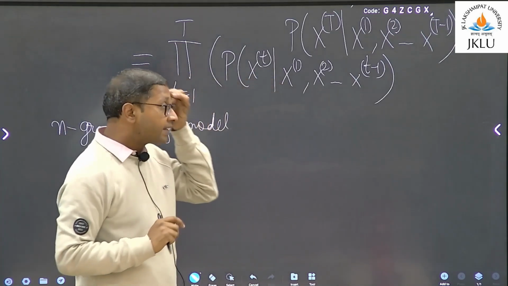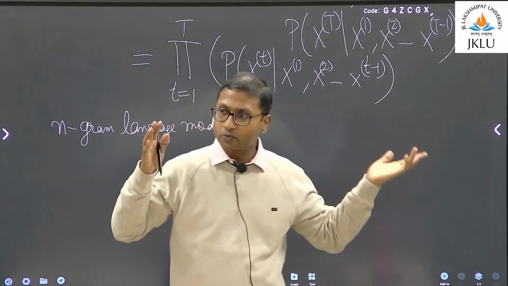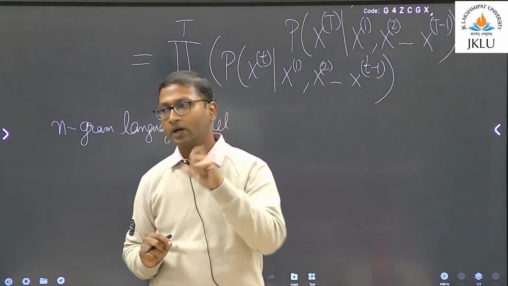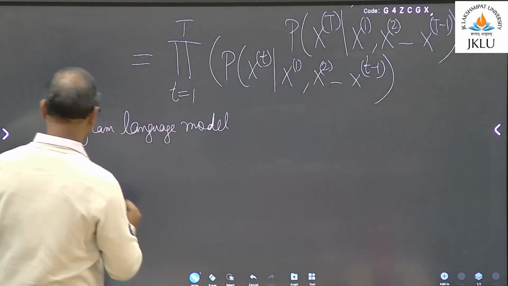Now, if I give you just 1 gram, is it possible to predict the next word? Not really. What about if we talk about, let's say, 2 gram? So, what will be, let me rewrite, what was the thing here?